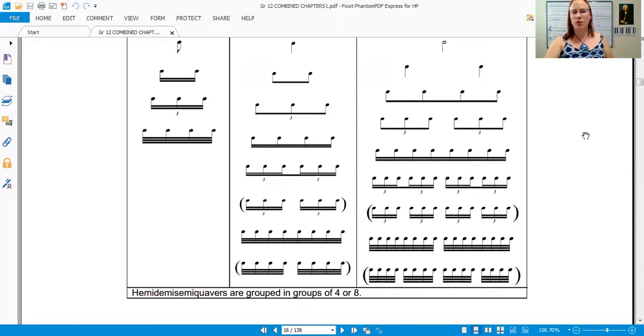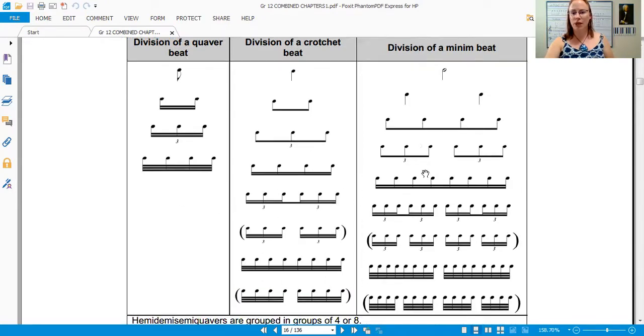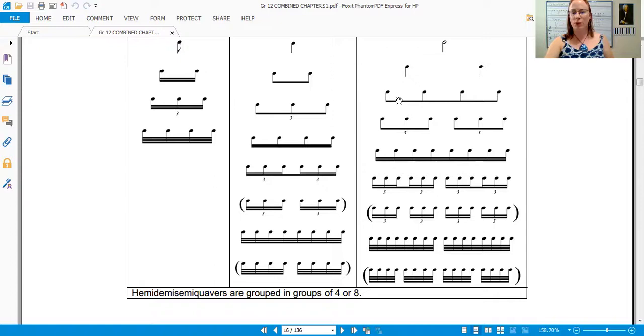And then when we get to the minim beat, you can see again, we've got our two crotchets. When we split into quavers, then you see the similarity there. There we had 4 quavers that are beamed together, 4 semiquavers, 4 demi-semiquavers. Okay, it's the same principle that we use when we split the beat into smaller units.